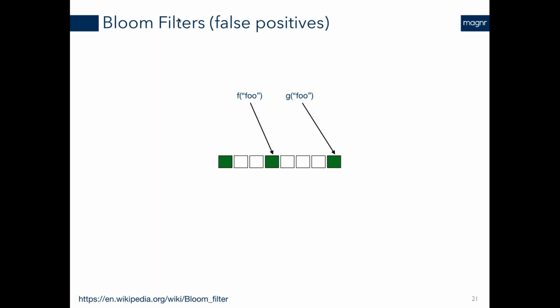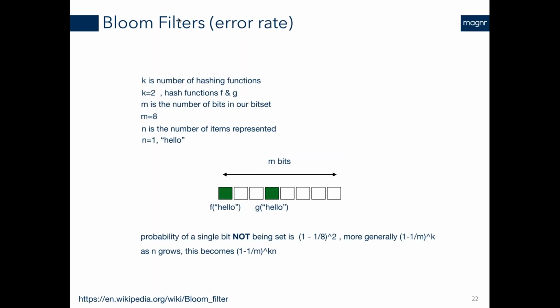Foo was never actually part of our data set. So false positives can occur in Bloom filters. Really what we're interested in with Bloom filters is the error rate. So what's the probability that when I request the existence of a data item the Bloom filter will give me a false positive, and that's known as the error rate.